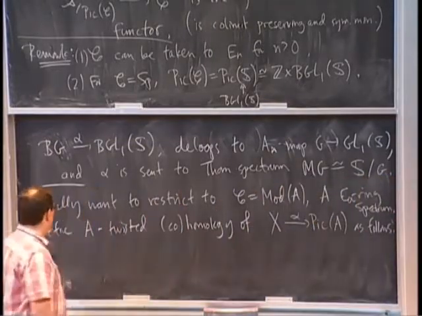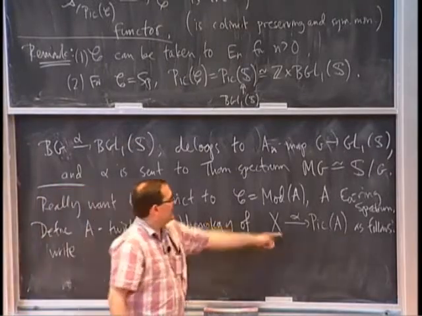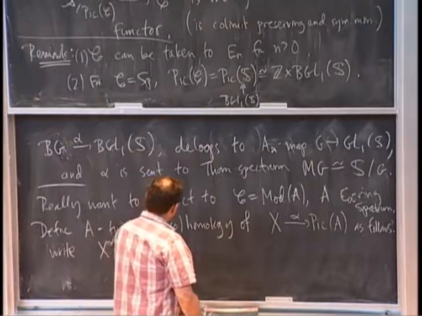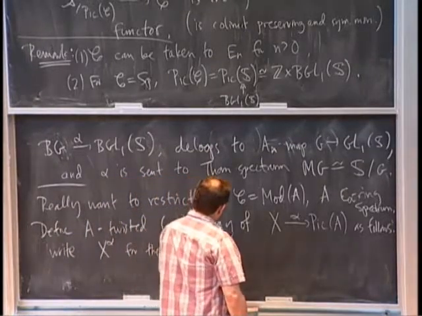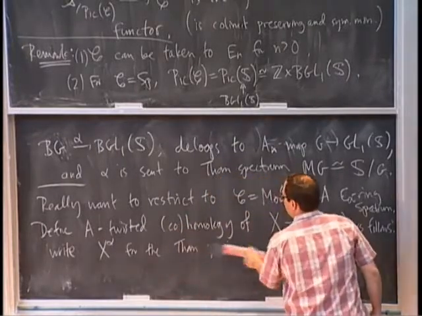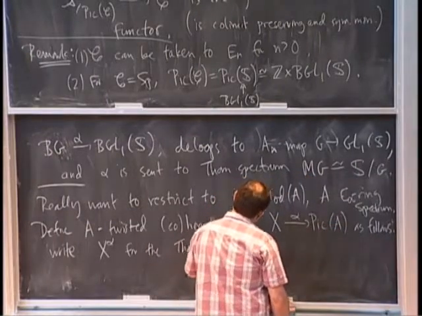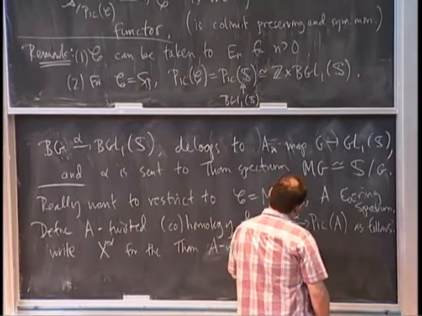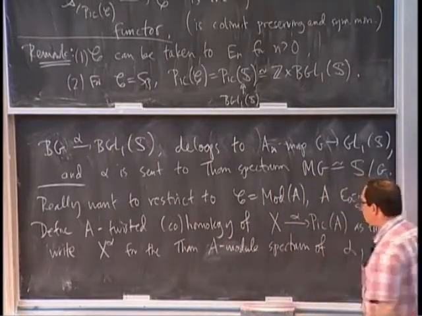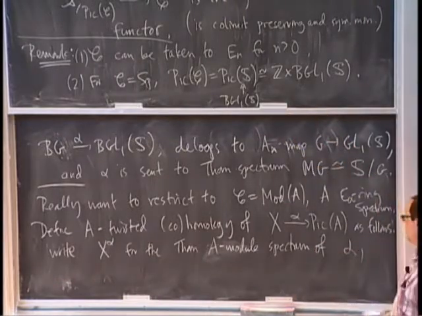So I'm going to write X to the alpha for the Thom A module spectrum of alpha, because it's going to land in mod A now, and not just spectra.